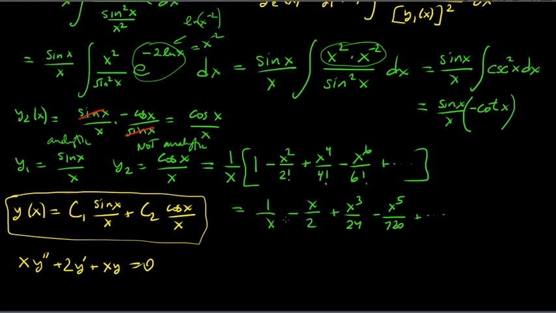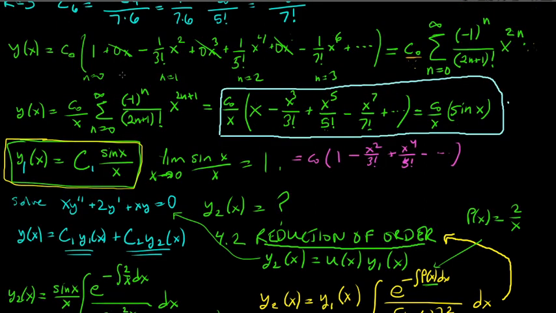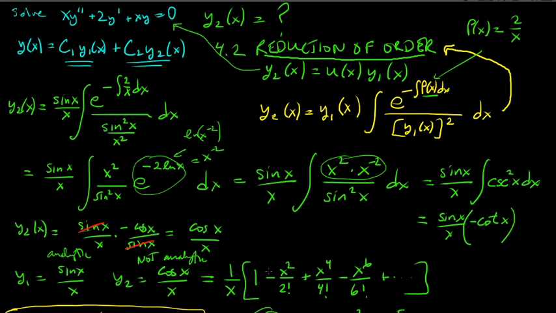Anyways, it's this 1 over x. We didn't have that for the sine series. Well, we had 1 over x here, but that multiplied x. So the lowest power of x for the sine series was x to the 0, way up here. But now it's not.